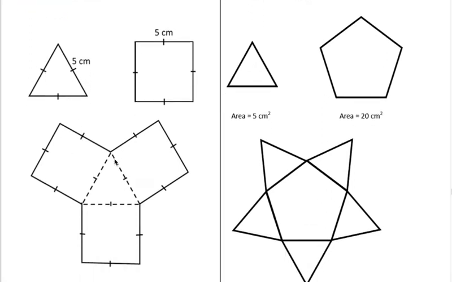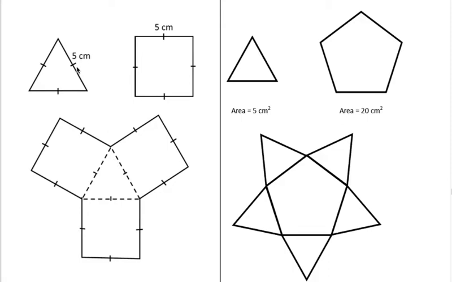So if we go down, we see that the edge of each of these sides on a triangle is 5. Now, that is irrelevant because that is on the inside. What we also see is that the edge of each of these squares is 5.